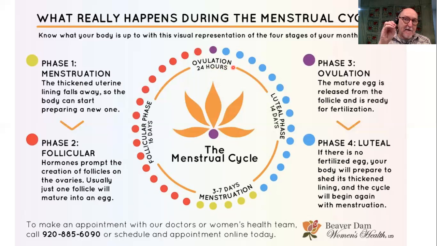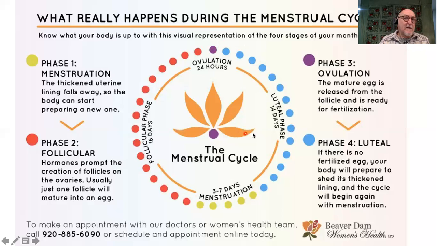And that healed up follicle releases hormones and pushes the body now through what we call the luteal phase. And you'll see why it's called the luteal phase in a minute. And this is when the endometrium really develops fully. It's preparing for implantation of this egg, which has been released and the body hopes has been fertilized.